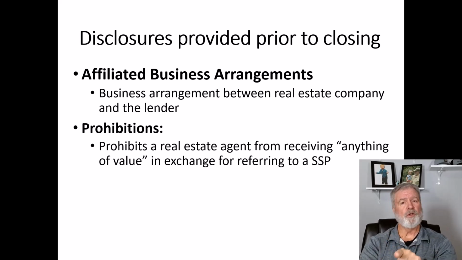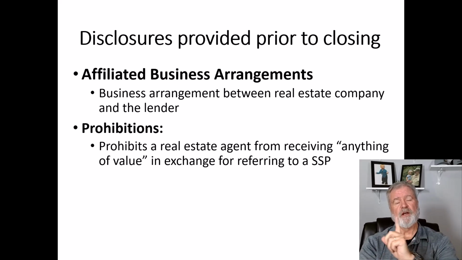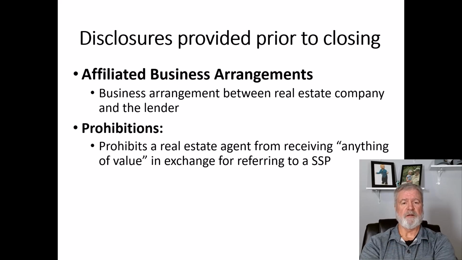Now, it's not going to go to you as a real estate agent. It goes to the real estate company. But you must disclose that to the buyer, as long as they're okay with it. And if it's a good loan, maybe they got the lowest APR, then I could care less who gets some of the profit. But that is a disclosure requirement if you have an affiliated business arrangement like that.